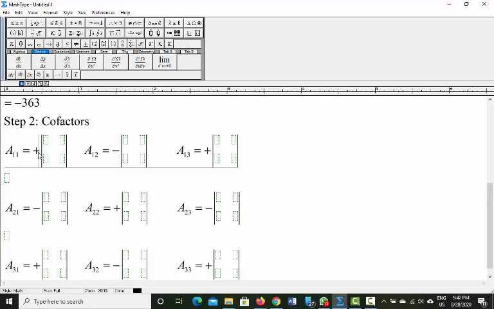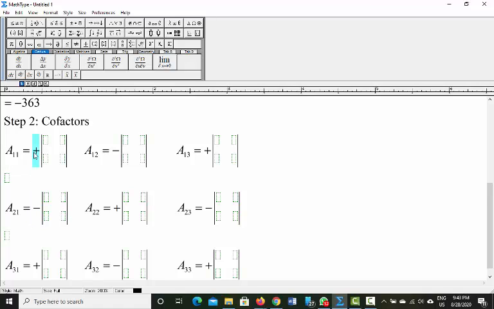Since this one is plus, this one needs to be minus. That means you cannot have the same sign in adjacent cells.